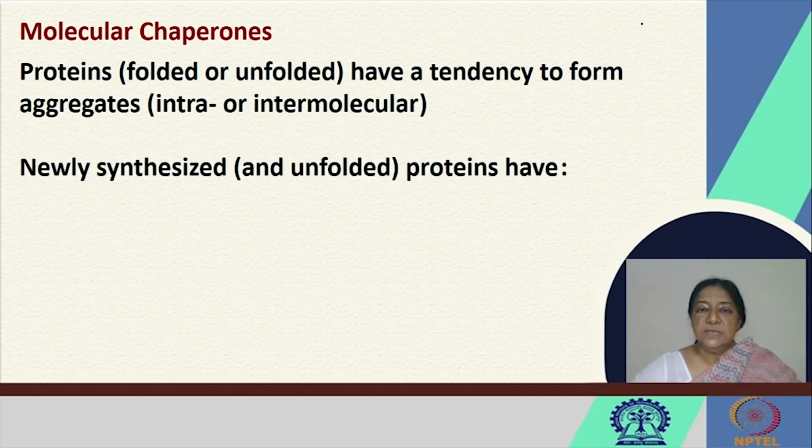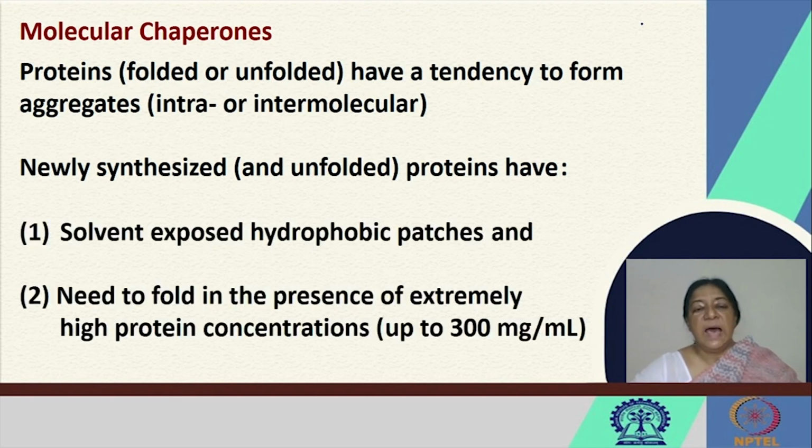The newly synthesized proteins, as well as unfolded proteins, have solvent-exposed hydrophobic patches. Now, these would rather be in the central core of the protein in a regular globular protein. And what has to happen is this unfolded or newly synthesized protein has to fold under high protein concentration.